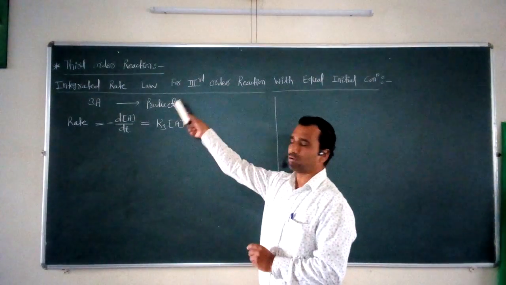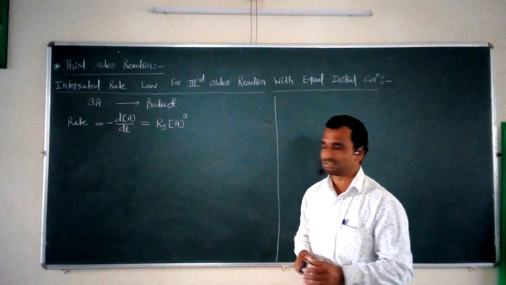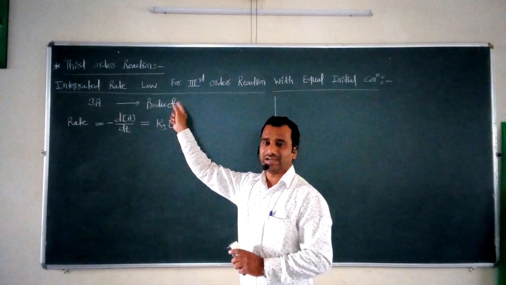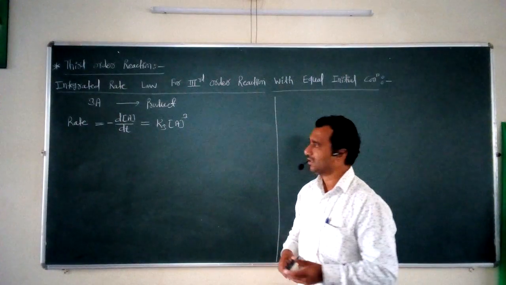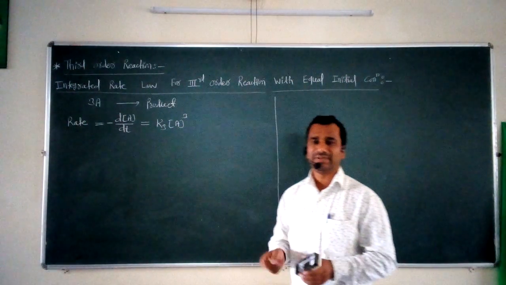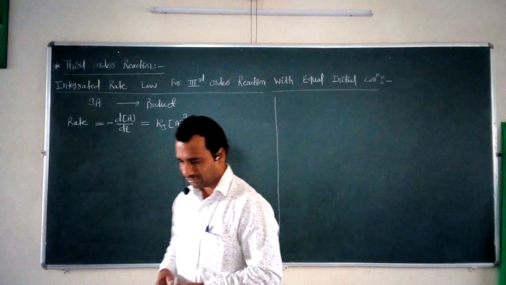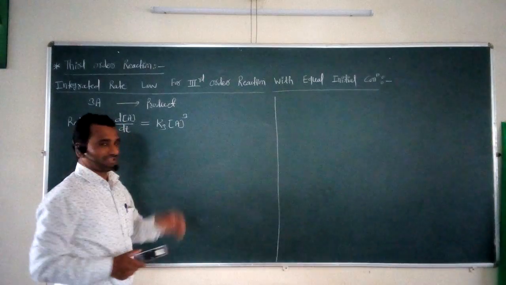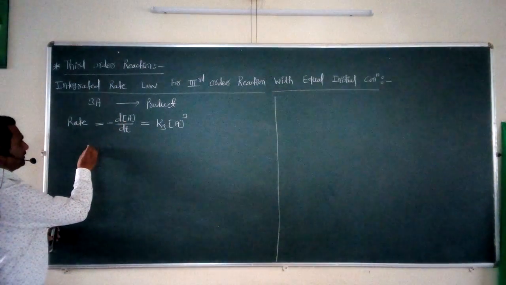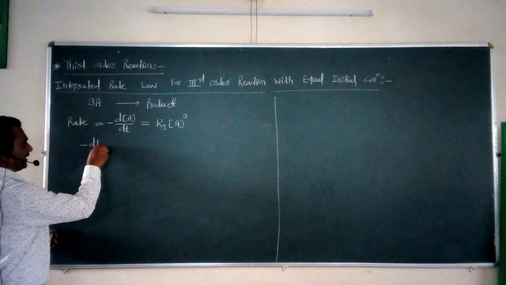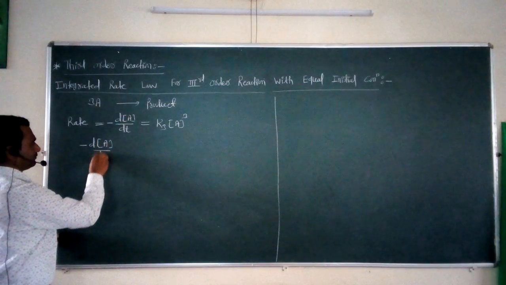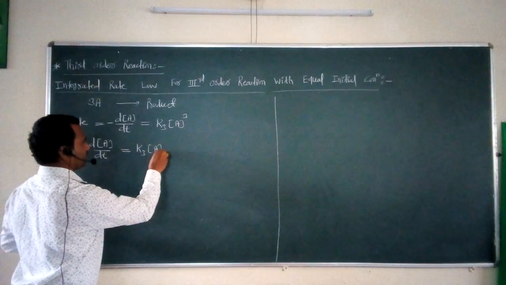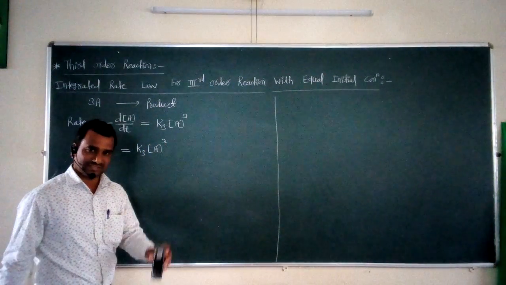Next, we have to derive one equation or rate law that is called the integrated rate law for a third order reaction, that is 3A gives the product P. For this purpose, we have to consider some basic steps. This is the rate equation: minus d[A] upon dt is equal to K3 into concentration of A cubed.